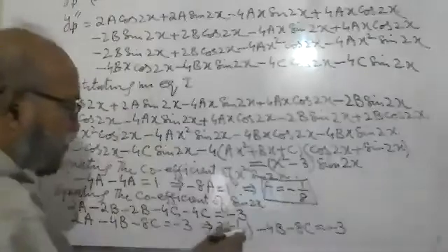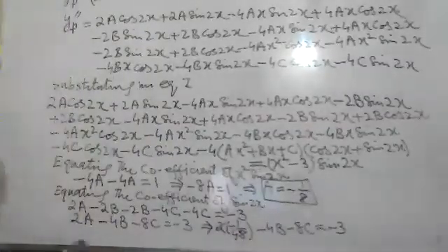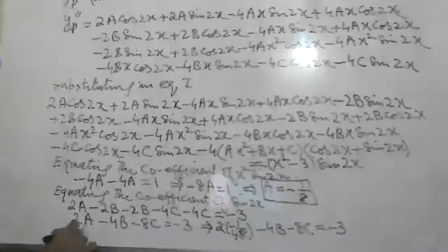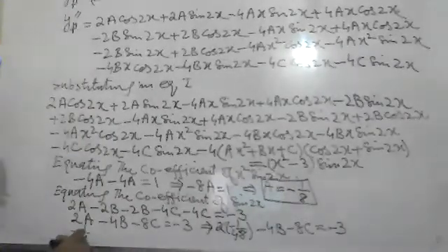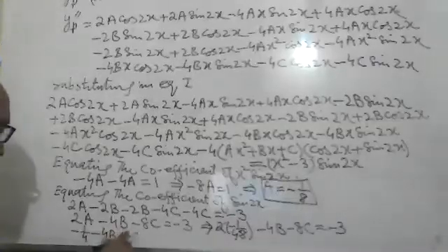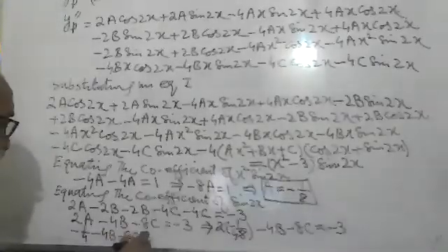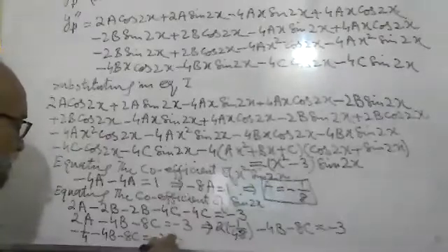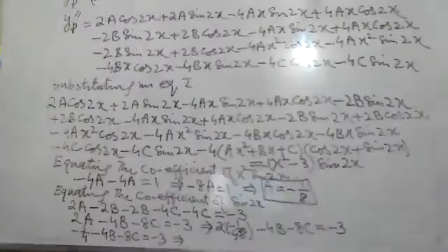Simplify, 2 1s are 2, 2 4s are 8. So minus 1 upon 4. So it will become minus 1 upon 4 minus 4b minus 8c is equal to minus 3. So minus 1 over 4 will go on the other side.